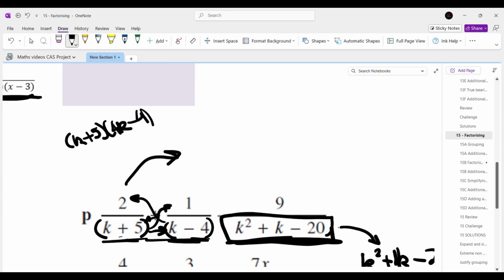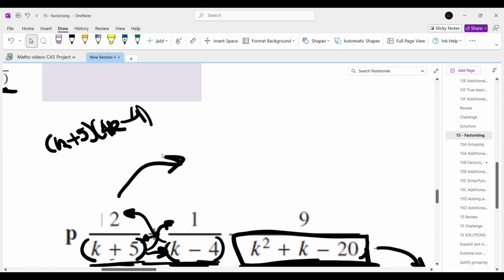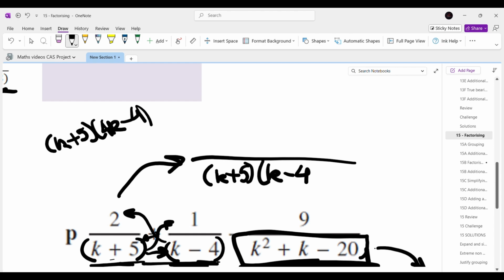So what we do, 2 times, we can just rewrite this as all over our new denominator. So 2 times k minus 4 is just 2k minus 8. Then it's just adding by 1, so it's just positive 1, sorry.